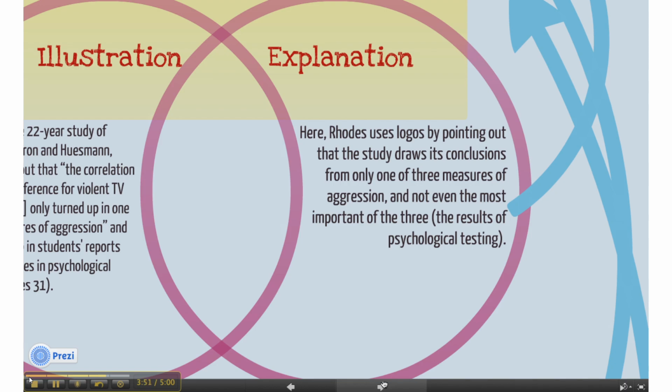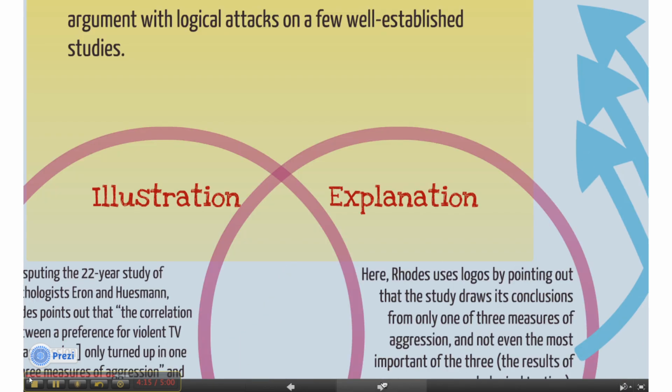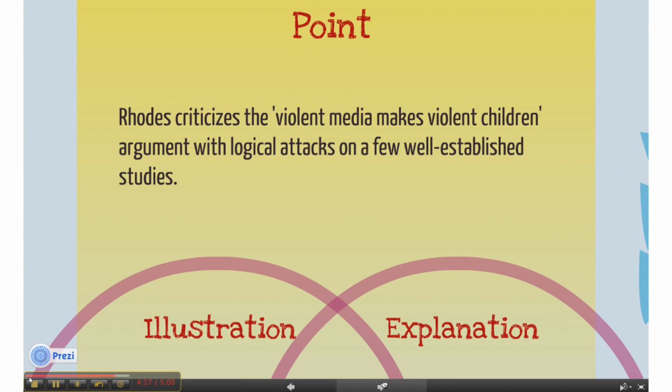So here Rhodes uses logos by pointing out that the study draws its conclusions from only one of three measures of aggression, and not even the most important of the three. That is the results of psychological testing. So, in proper PIE format, that explanation allows us to relate our illustration, or show how our illustration relates back to the point, making all three a set of three.